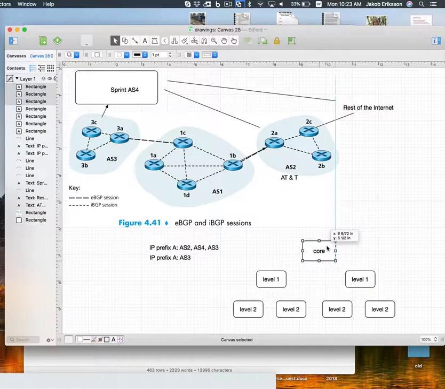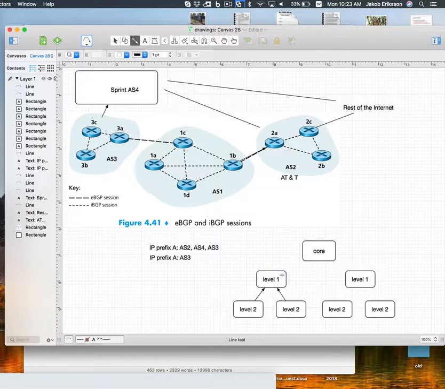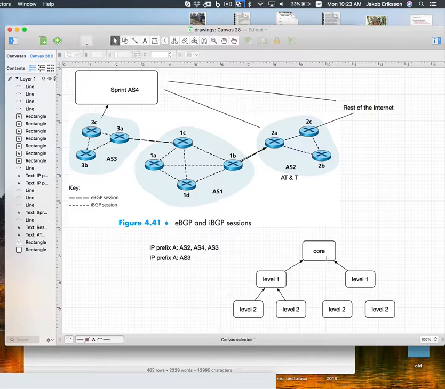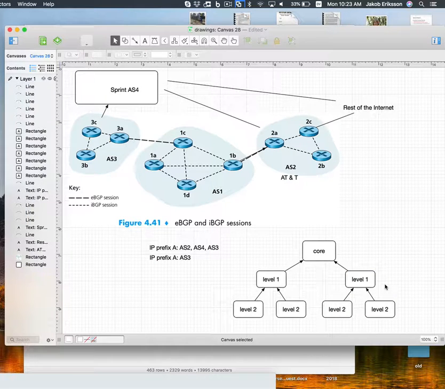So the structure of the internet isn't this well structured, but let's think of it this way for the moment. Okay, so it might look something like this. Within the core, there's multiple ASs, all fully connected, all advertising routes to each other.